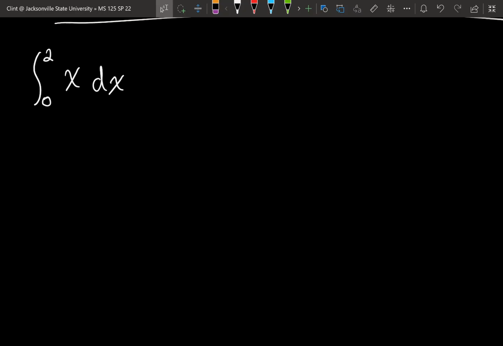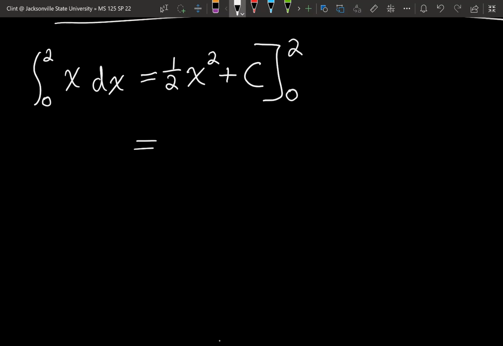If we're trying to find the general antiderivative, we add 1 to the exponent, divide by the new exponent, and we get a plus c on there. But when we're doing definite integrals, we don't have to write that down, because what happens when we go to evaluate that?